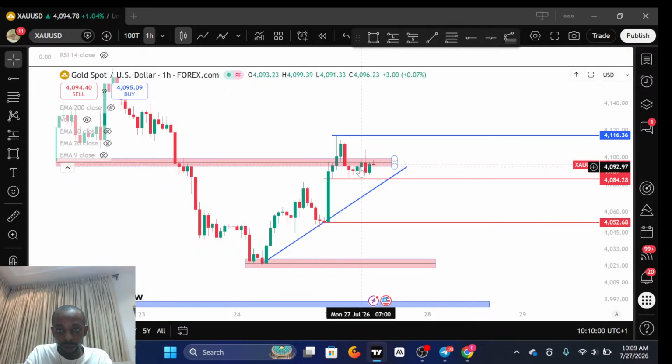You see, so these things are what we have learned over time. So look at this 1 hour time frame. The market broke here and came back and didn't close above. We tell you that the market is still unstable, indecision is still taking place. So the next thing we should be expecting is that the market is going to break below here we enter, break above here we enter buy, break below here we enter sell.